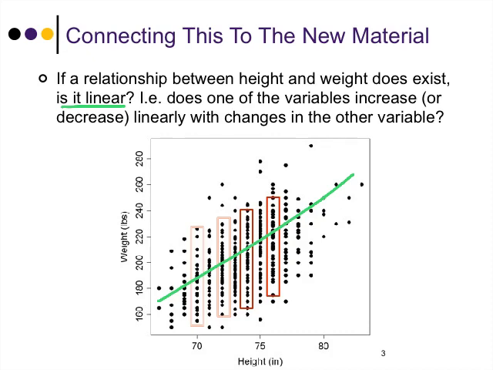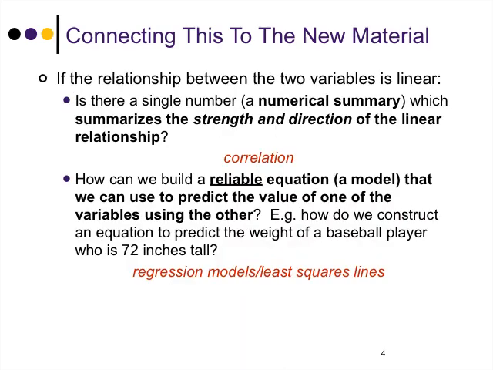And then you would wonder if there is a linear relationship between those things. If the relationship between two variables is linear, then there is a single numerical summary which summarizes the strength and the direction of that linear relationship. That is what we call correlation.